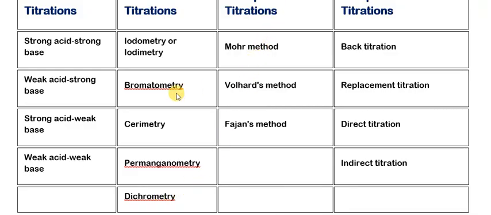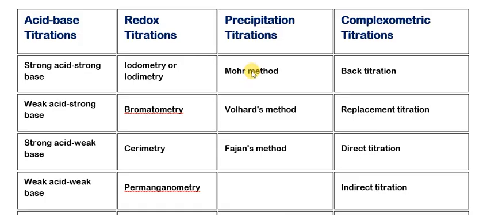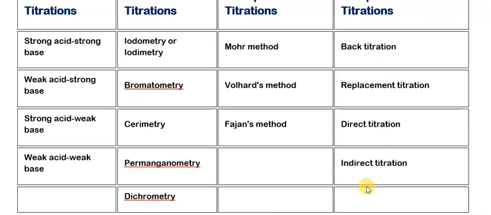In precipitation titration, there are three types: Mohr's method, Volhard's method, and Fajans method. In complexometric titration: back titration, replacement titration, direct titration, and indirect titration.